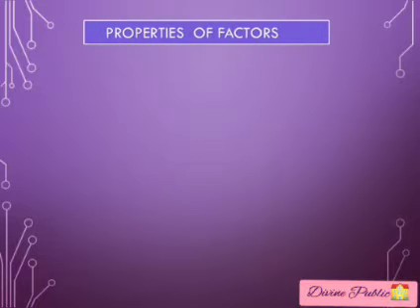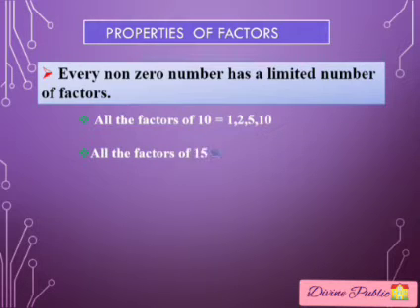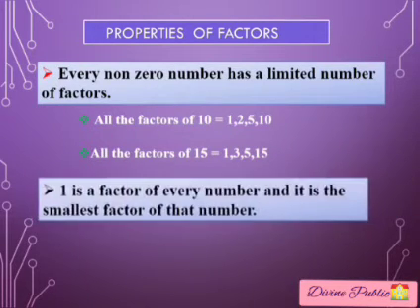First, every non-zero number has a limited number of factors. For example, all the factors of 10 are 1, 2, 5 and 10. All the factors of 15 are 1, 3, 5 and 15.